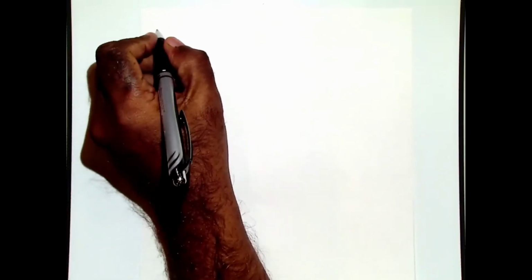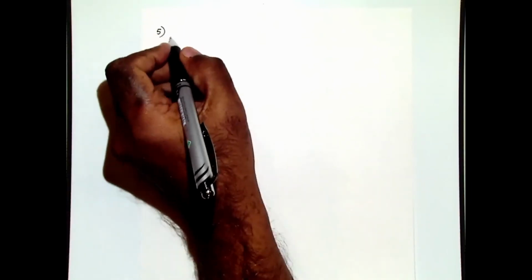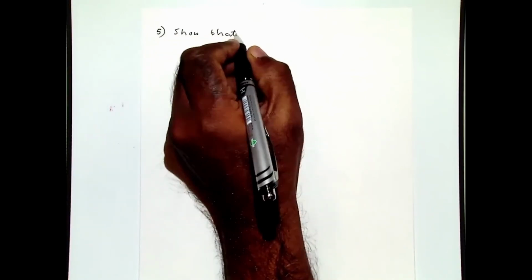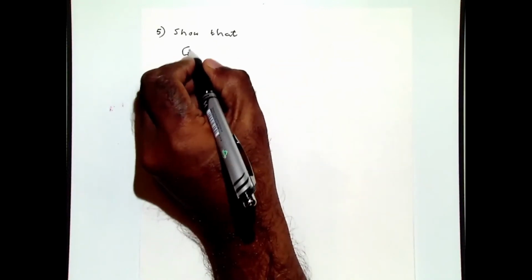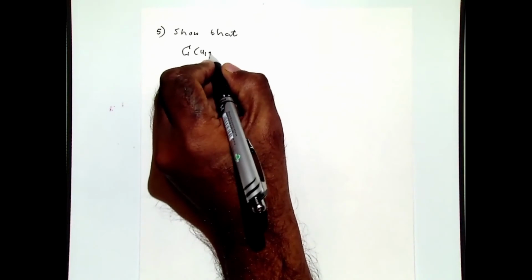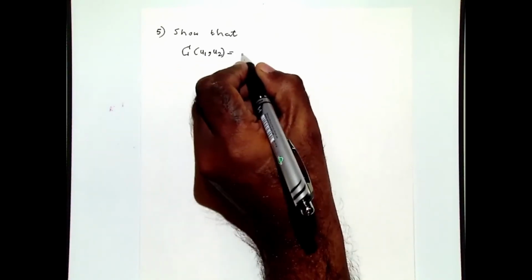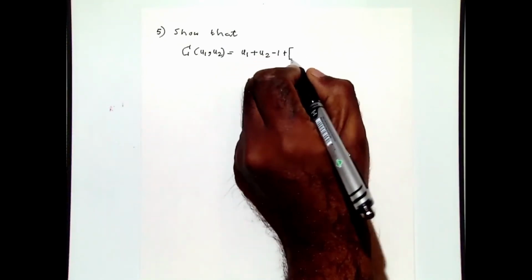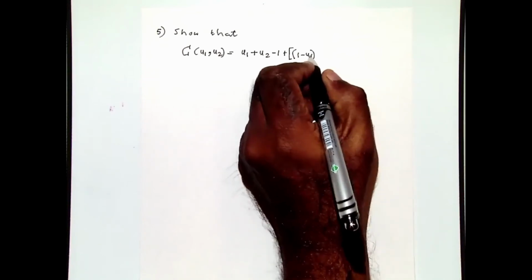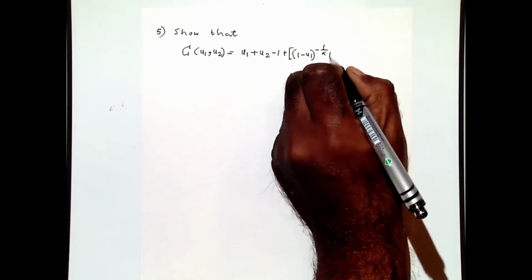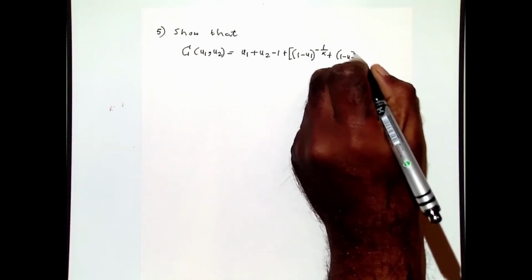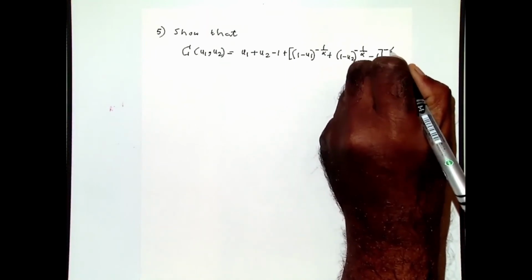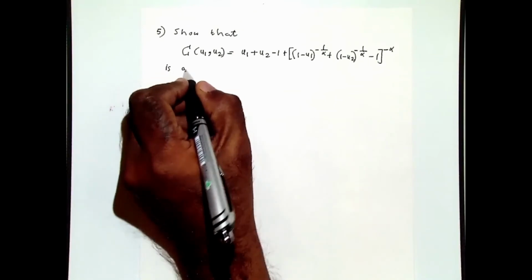Next question is question 5. It is to show that the following is a copula.